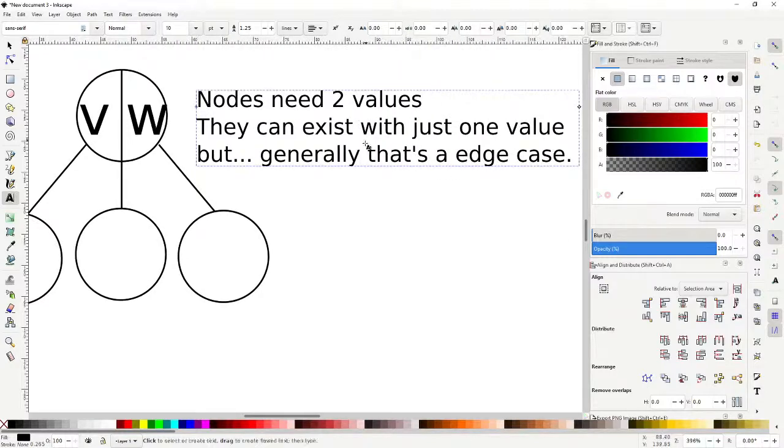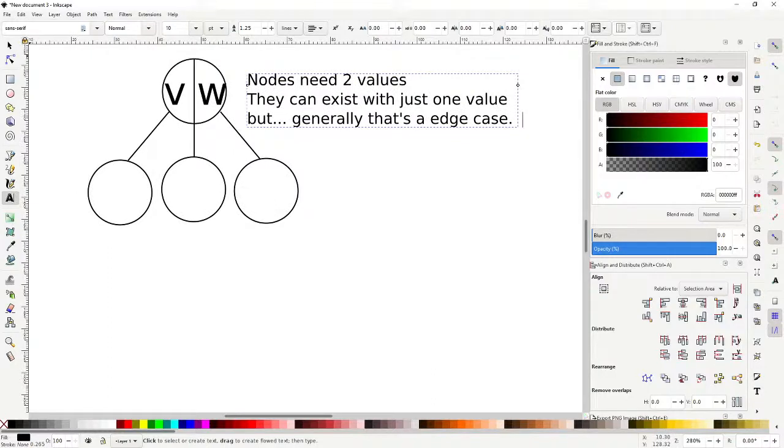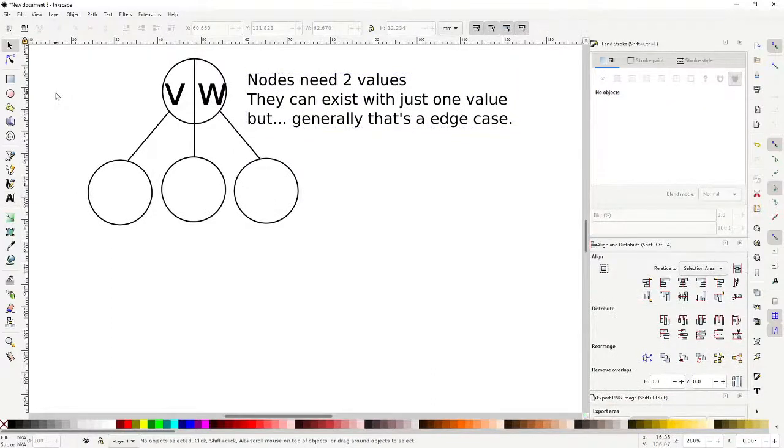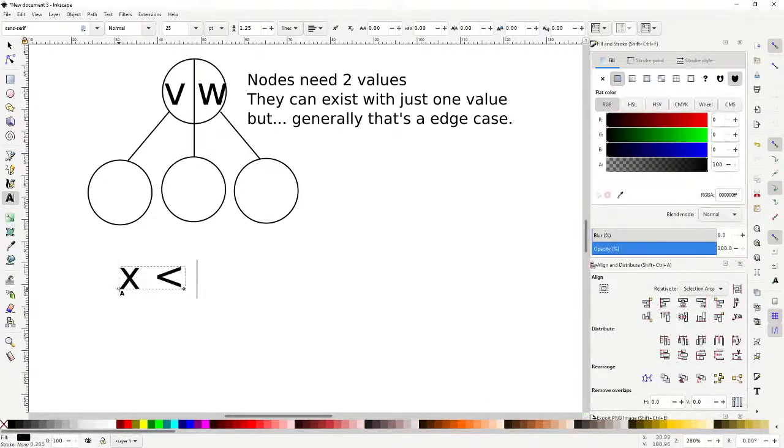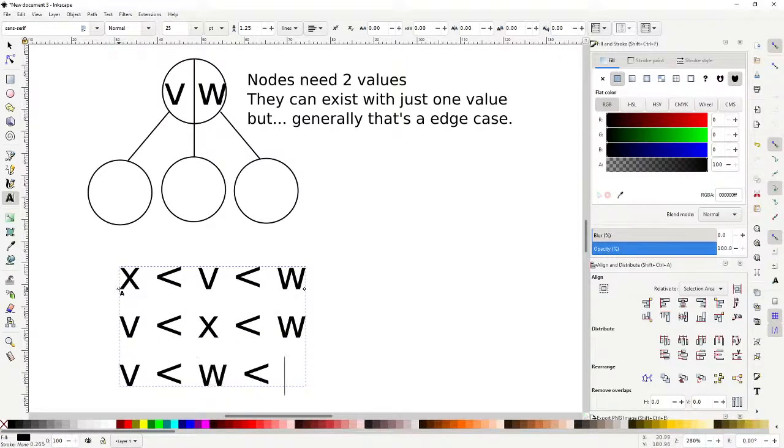Think about it this way: if you have two values, what do you really have? Think about the number of ways that things can happen. If you're given any x, x can either be less than v, which is less than w, let's assume, or v can be less than x, which is less than w, or v can be less than w, which is less than x.